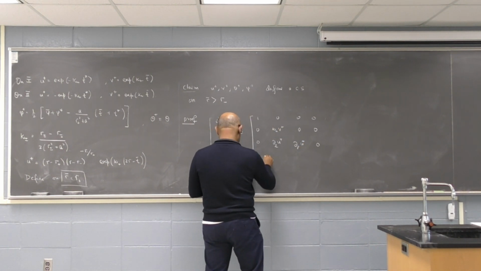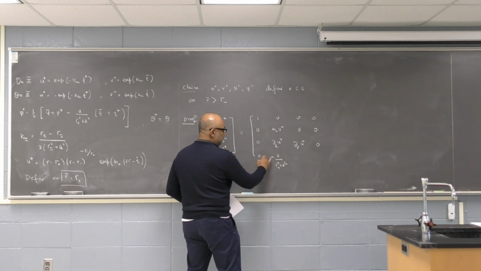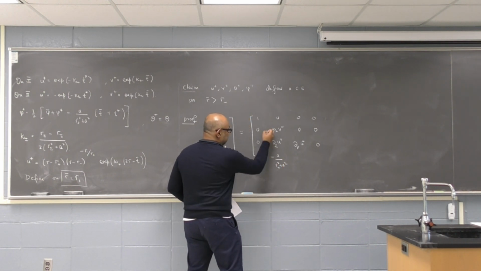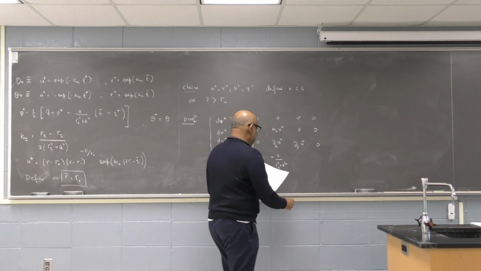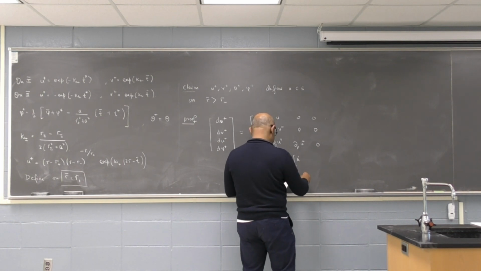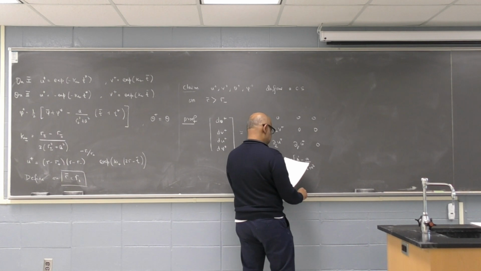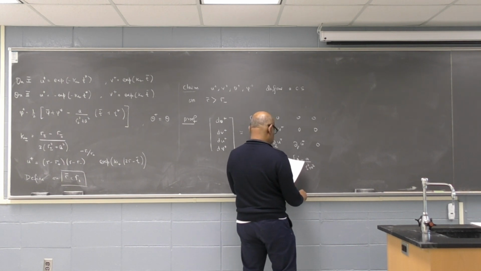This is 0, minus a over r plus squared plus a squared, minus a prime. I'll explain what that is. This is the expression we've seen before. Let me write it, and then I'll read it out.